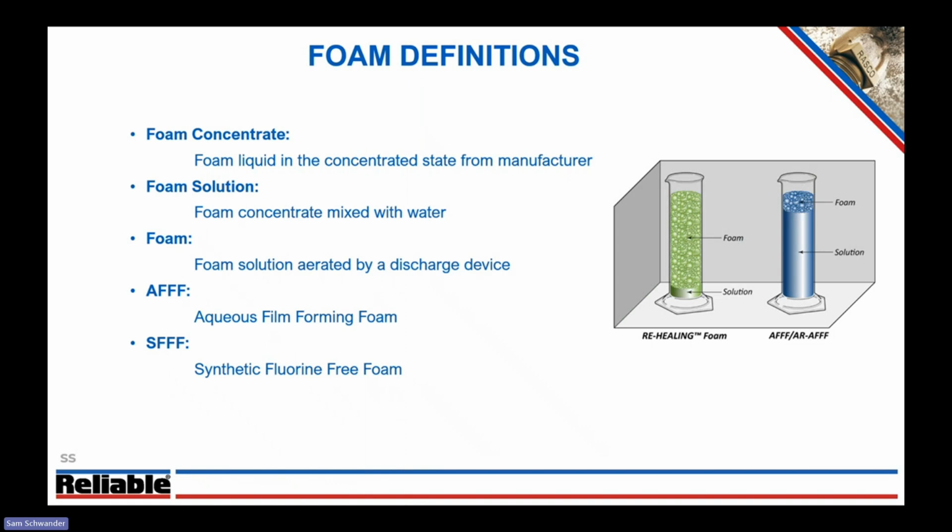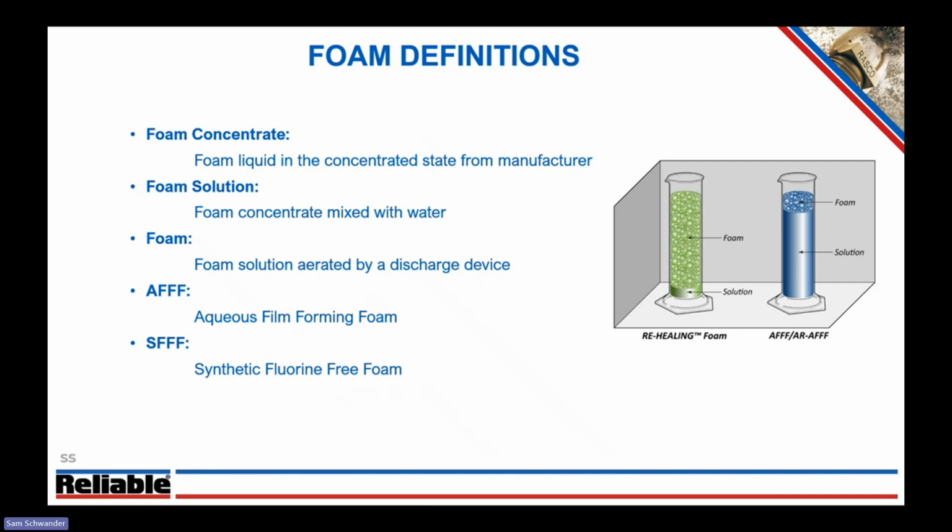Some basic definitions of foam itself. We have the foam concentrate. That's the foam liquid in the concentrated state that is manufactured by a foam manufacturer like Perimeter Solutions. That's what we put in our bladder tanks. Then we take that foam concentrate and introduce it and mix it with water, our water supply. Once we mix the foam concentrate with the water, we create our foam solution.